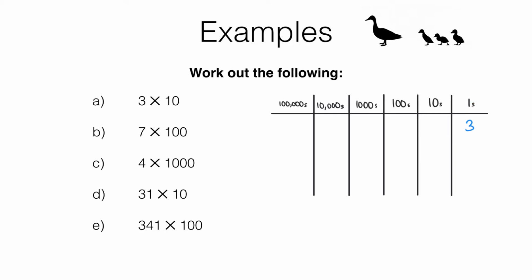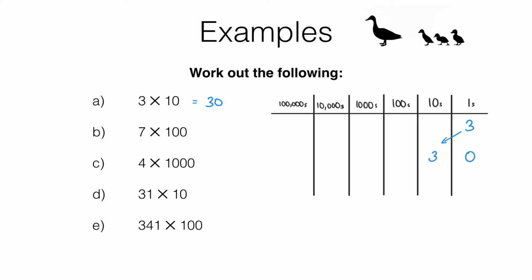So I can do that simply by moving each digit 1 place value column to the left. So the 3 would go there. And this tells me that I've now got 3 tens, which is worth 30. Now, whenever this happens, remember we need a placeholder in here. So 30 is written like this. 3 times 10 is 30, which of course you should know from your times tables.